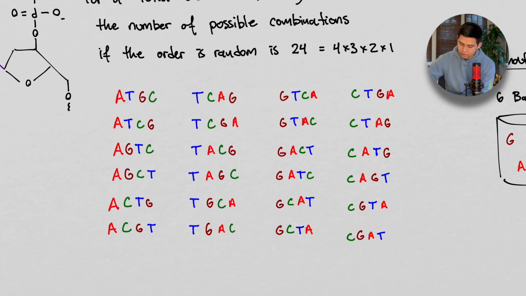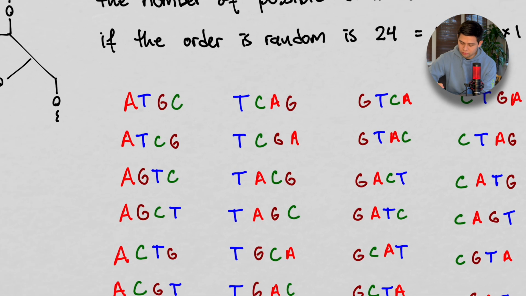The idea here is once you pick the first one, you've used that up. So you have 4 possibilities in picking the first one. You have 3 possibilities in picking the second one because you've already picked the first one. Then you only have 2 possibilities in picking the third one, and only 1 possibility in picking the last one.